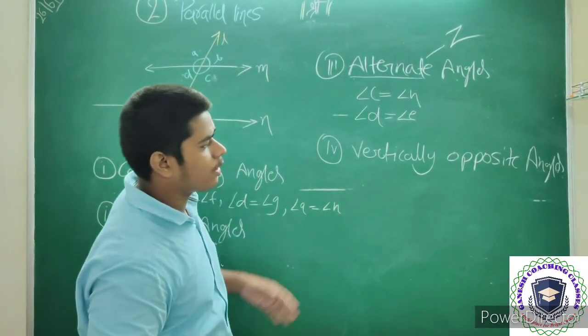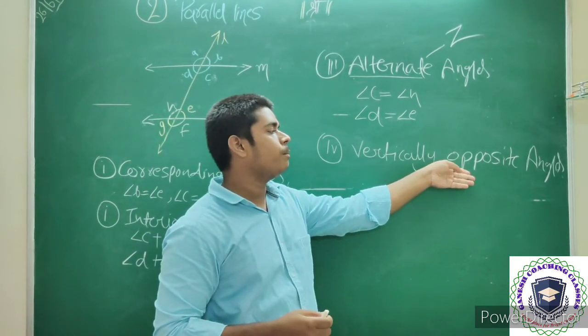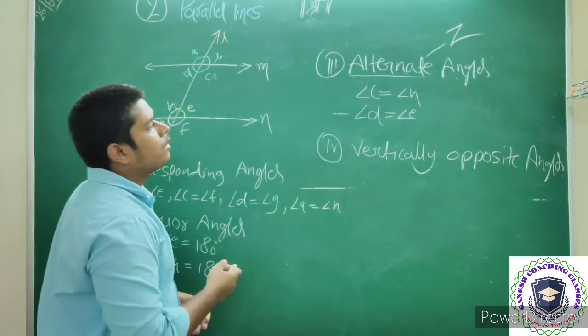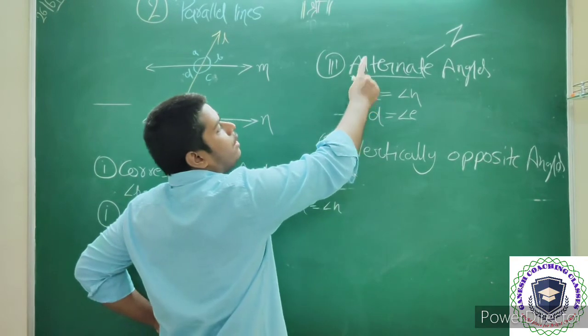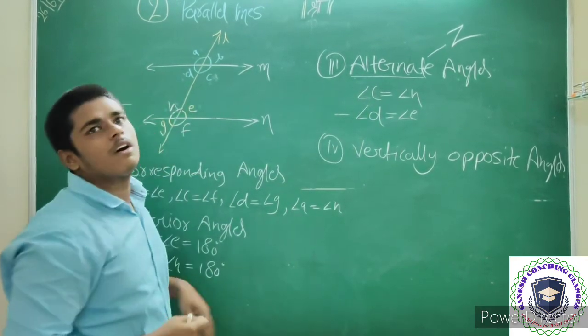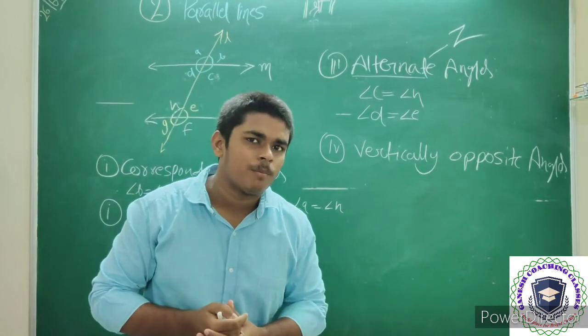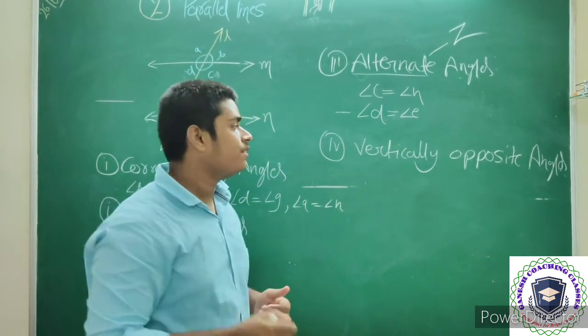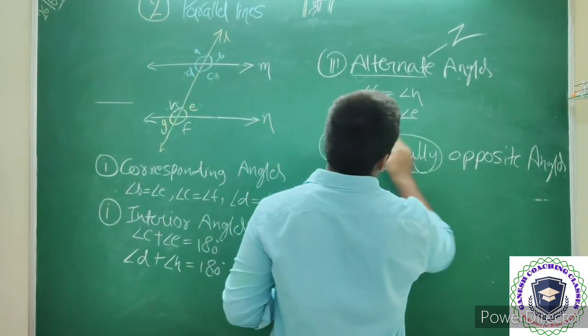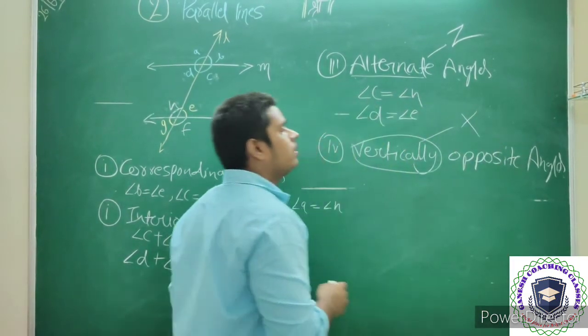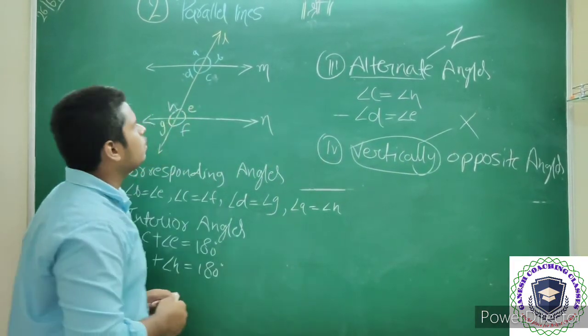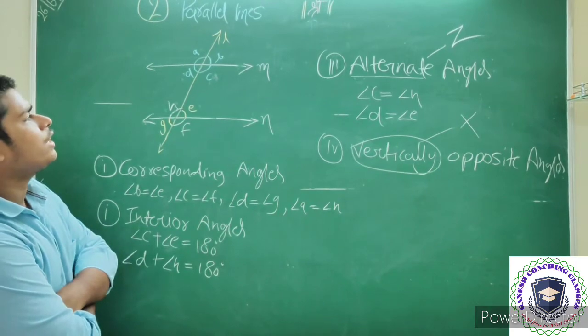For vertically opposite angles, again we have to consider pairs of angles. Here we denoted alternate by Z. So we discussed vertically opposite angles are denoted by which shape, which alphabet? That is X. So vertically opposite angles are denoted by X. How many X are we getting?